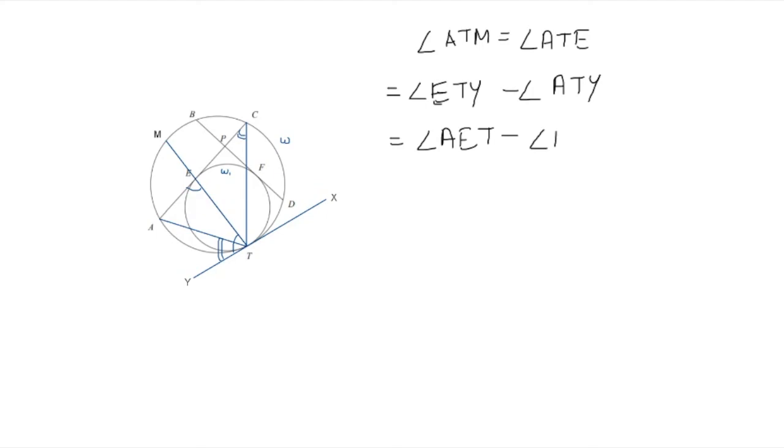Now look at this outer angle here, which is the angle AET, right? So that would be this angle. Note that this is the sum of the angles, angle ECT and angle CTE, if we look at this triangle, triangle ECT.